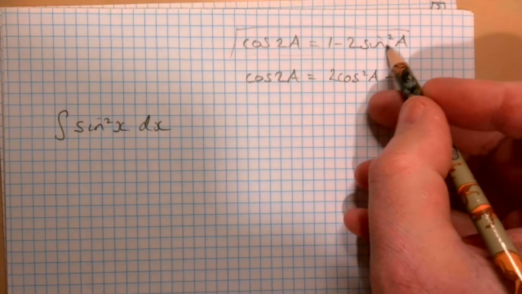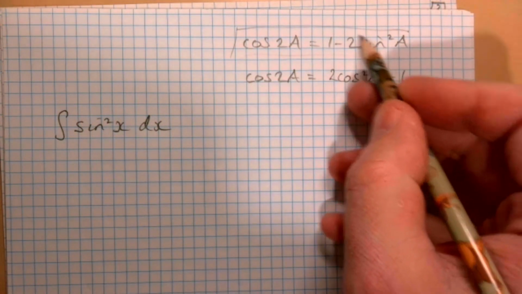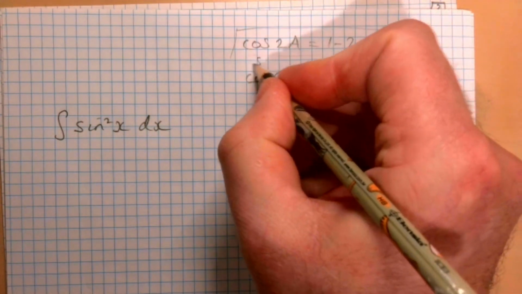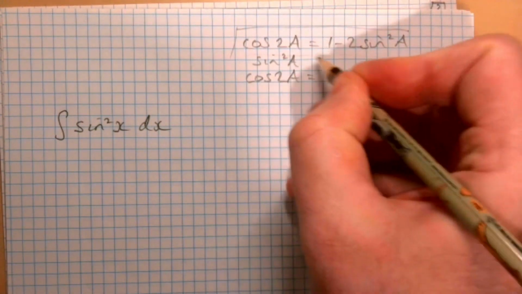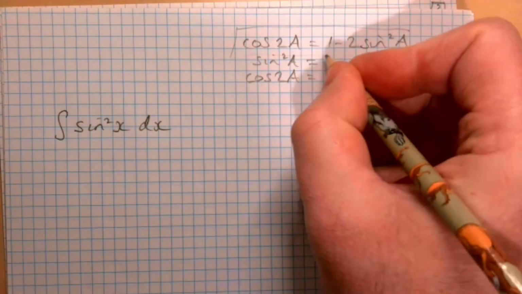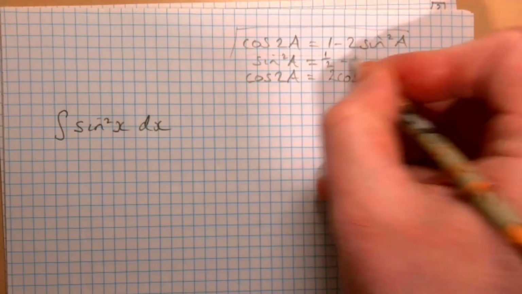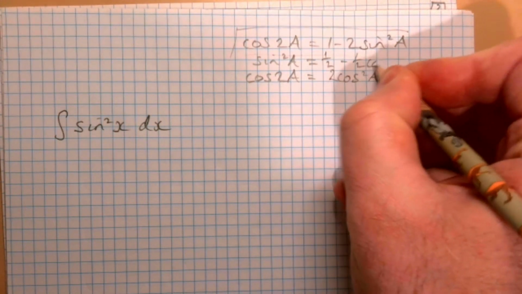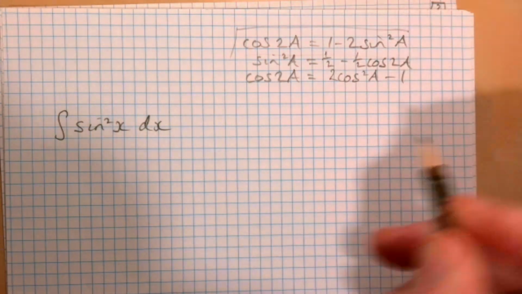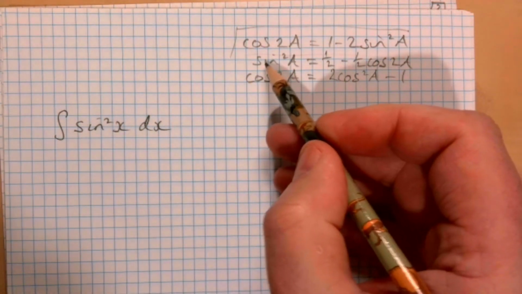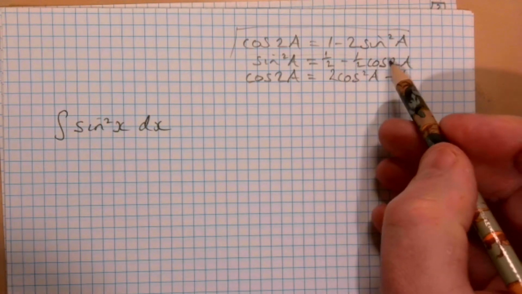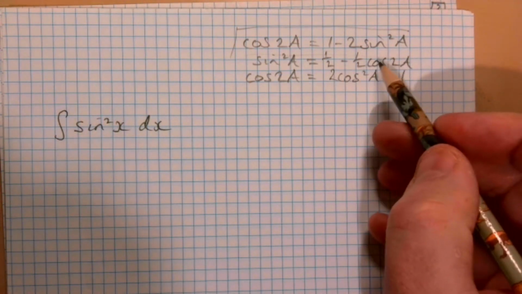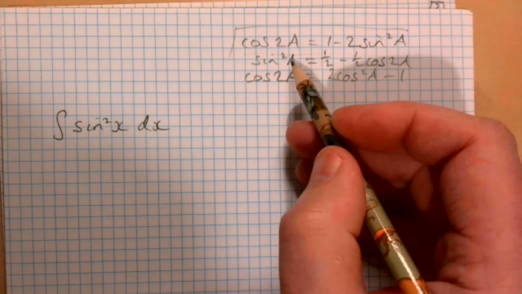If I rearrange this one, hopefully you can see if I take the 2 sine squared into this side, sine squared a is going to equal a half, take away a half cos 2a. So I'm able to change a trig power into a trig double angle, and double angles and treble angles and that sort of thing are much more straightforward to integrate than powers of trig.